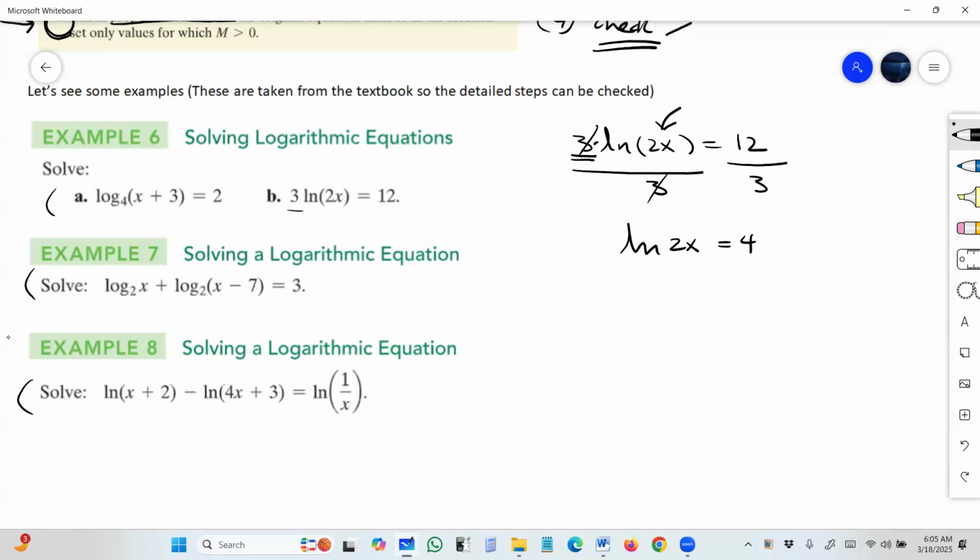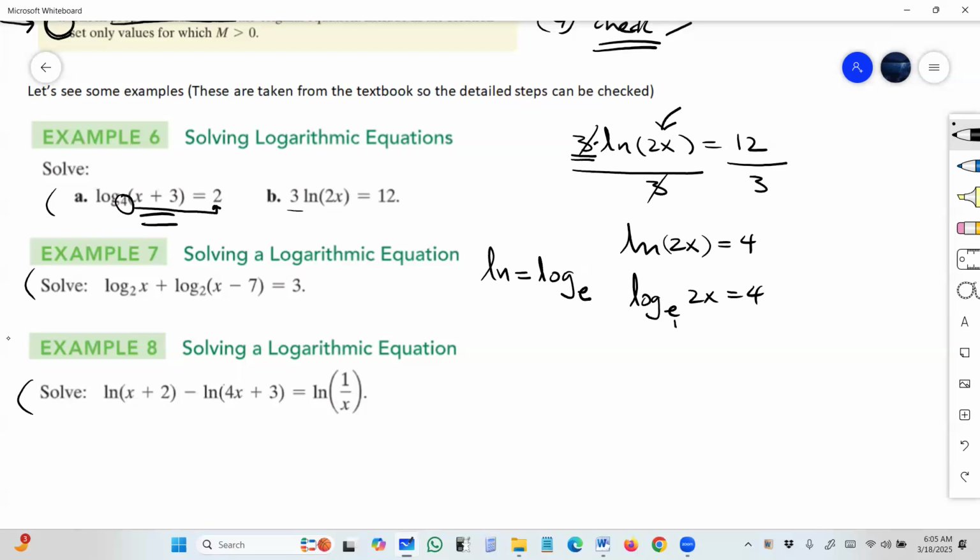Okay, so I've simplified. I divided both sides by 3. I have this now. Now, natural log, you remember, it's log base e. So if you want, you can write this as log base e so you can see exactly what's happening. So it's the same technique that we used to solve this. What did we do? We exponentiate both sides using this base. We're going to do the exact same thing here.